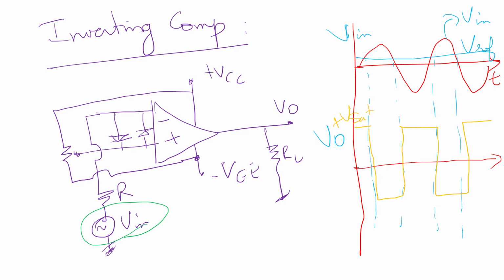These are the two basic comparators used for comparing a reference voltage and an input voltage. We have another waveform generating circuit called the Schmitt trigger circuit. In the Schmitt trigger circuit, based on the components connected in the circuit, the output is being generated.